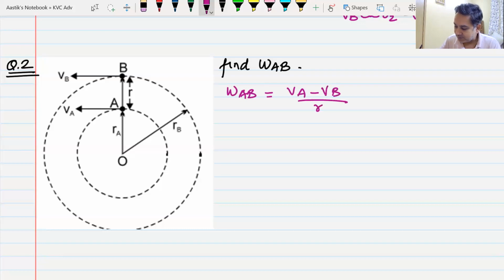Where R is the distance between the two, RB minus RA. Do we understand this? Yes, sir.